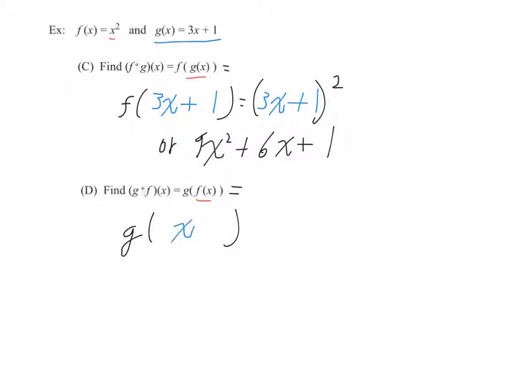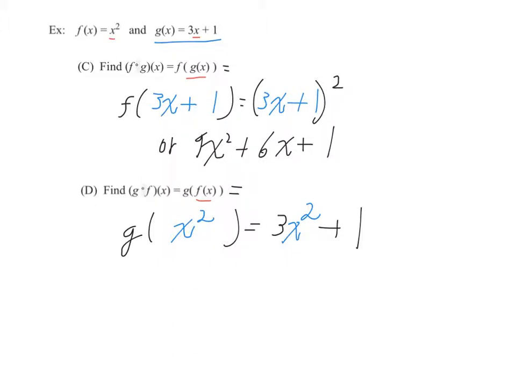That would be x squared. Everywhere you see an x in the g of x function, it's now going to be replaced by x squared. So I'll have 3 times x squared plus 1. Totally different answer. Composition is not commutative, and you can see the answers are very different.